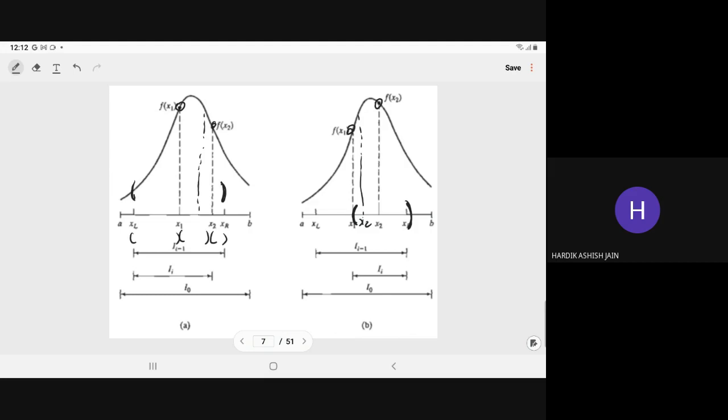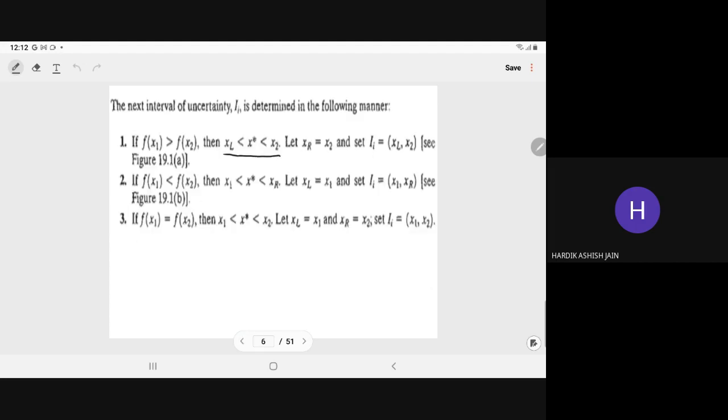And by chance, if both are the same, f(x1) equals f(x2), at that time you can take the next interval as x1 to x2.